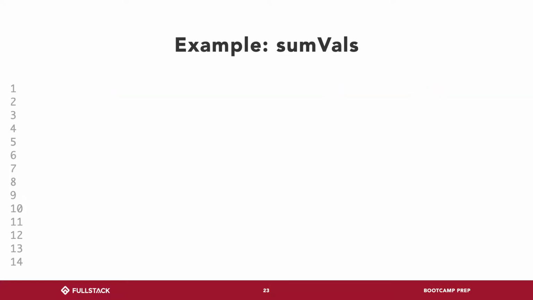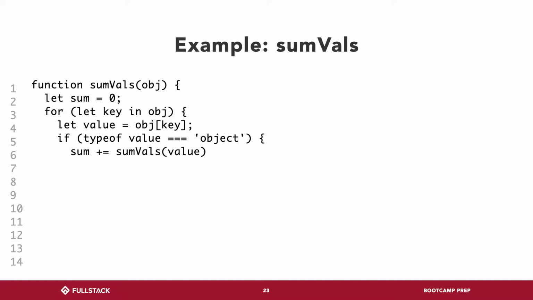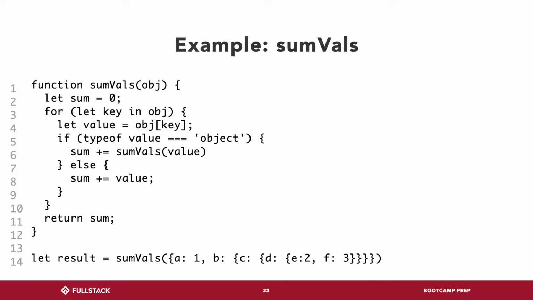Here is the example I showed you, right? We have a really big mess of an object, and now we do a for in loop through the outermost object first. Really this object has just two key value pairs: A, which is a number, and B, which is an object.